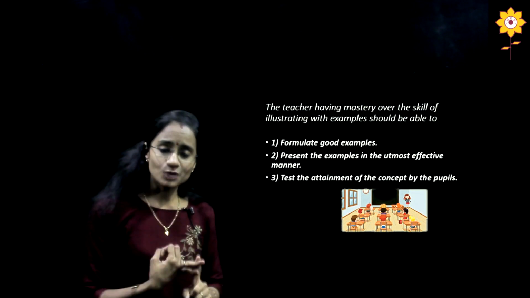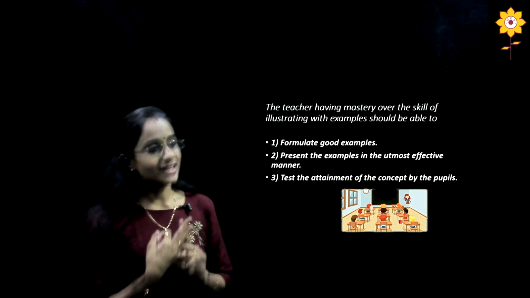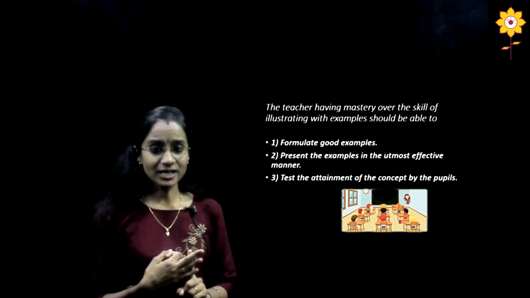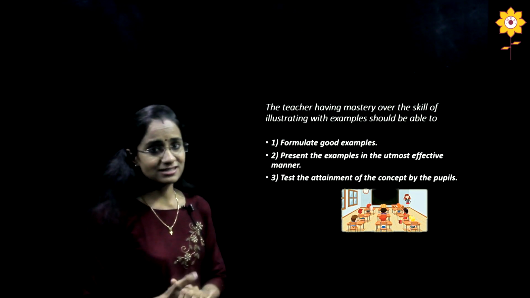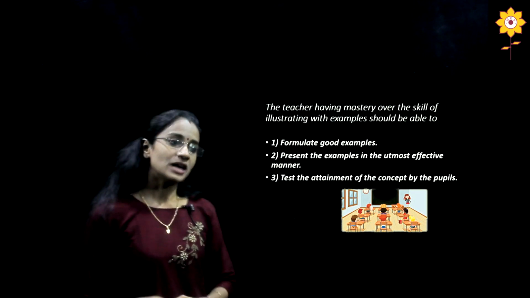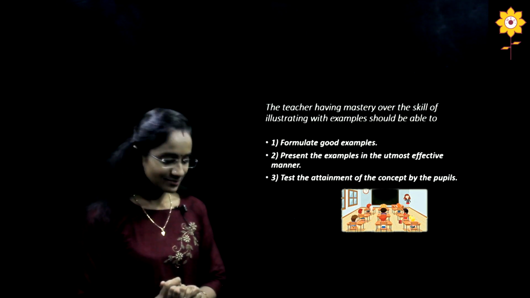So the examples should be given in an effective manner and at the end, test the attainment of the concept by the pupils. Okay, so these are the three things that you have to keep in mind: formulate good examples, present the examples in the most effective manner, and test the attainment of the concept by the pupils.